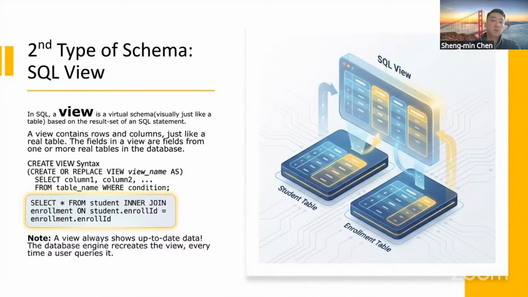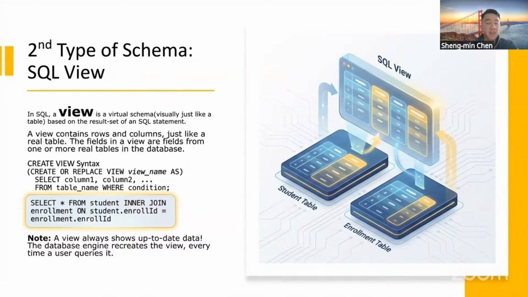Okay? So a view will always show up to date. Because it doesn't actually store the data within the view, not like tables, every time it's being called, it's always going to run the select query over again, right?